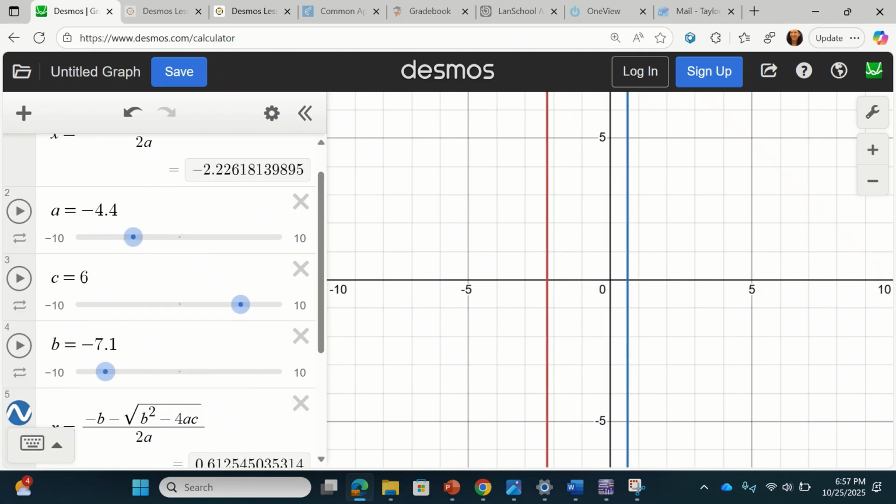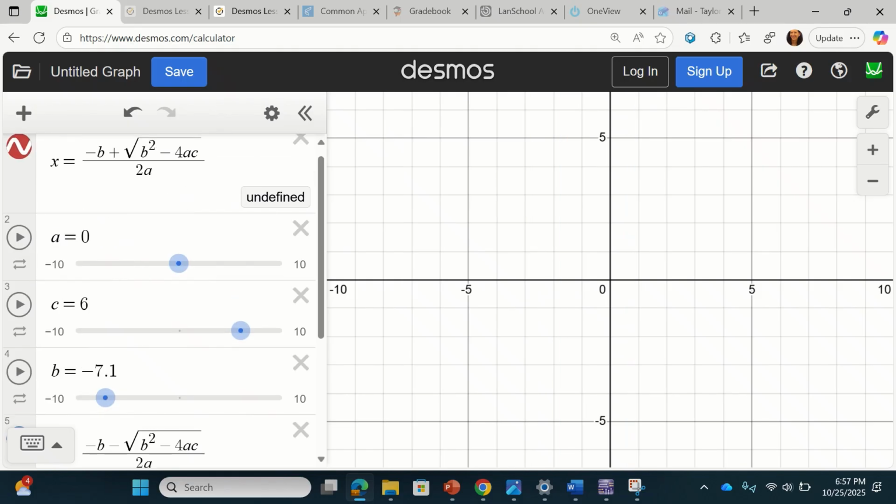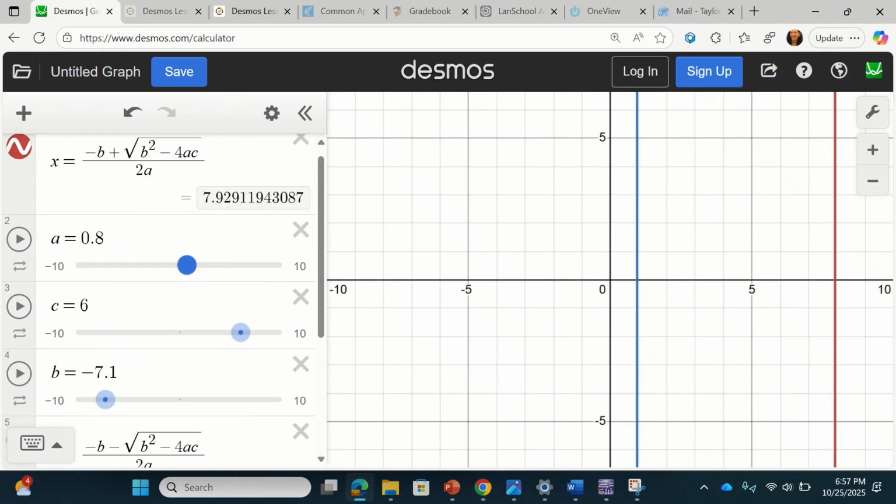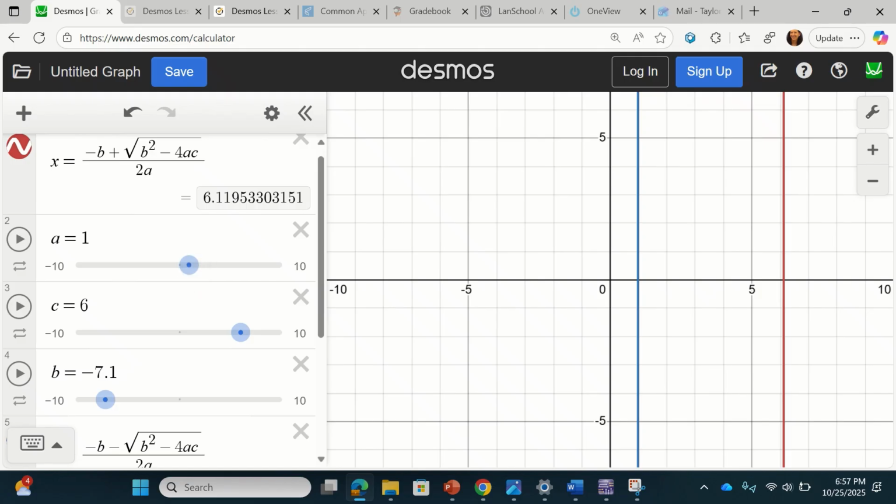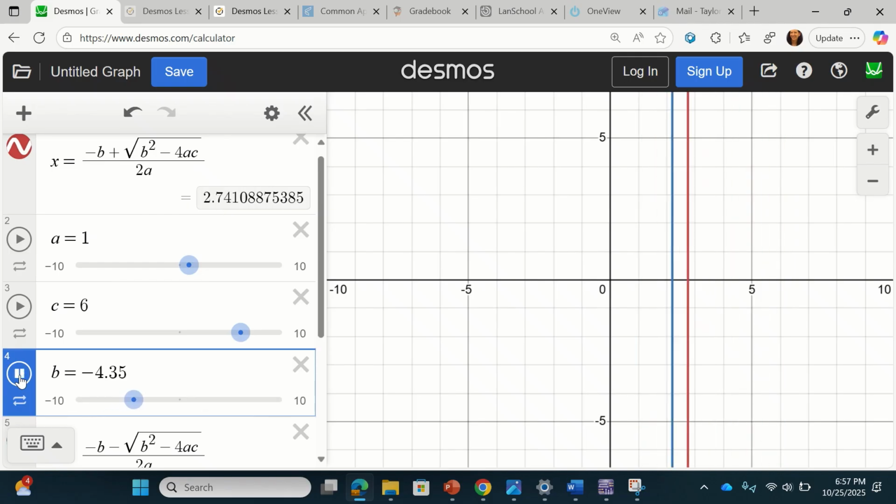So you can set those A, B, and C's to anything you would like, but we want to use it to evaluate the formula we just put in, where A is equal to 1, B is equal to 7, and C is equal to 8. So you can mess around with this until you get A is equal to 1, okay? Which is what I just did. I just kind of slid it back and forth. Or what's easier is type it in.